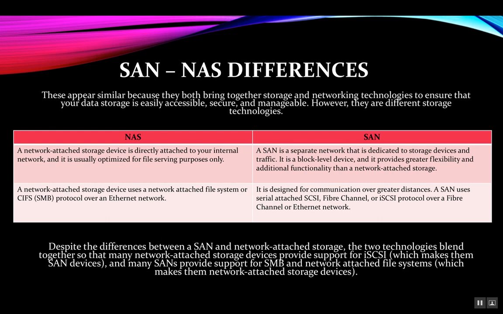Whereas NAS works on CIFS, SMB, NFS over an Ethernet network. But despite the differences, the technology has grown enormously, and they blend together so well these days that many NAS provide support for iSCSI and many SAN provide support for SMB and NAS file systems. So that is how we are evolving.